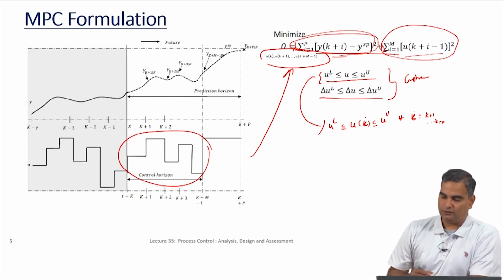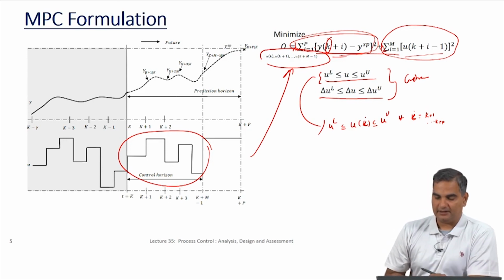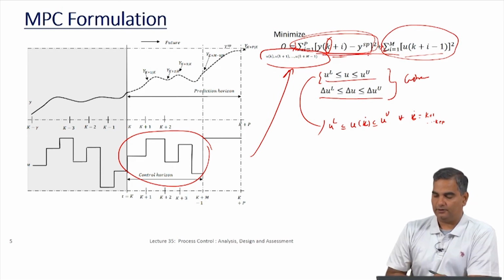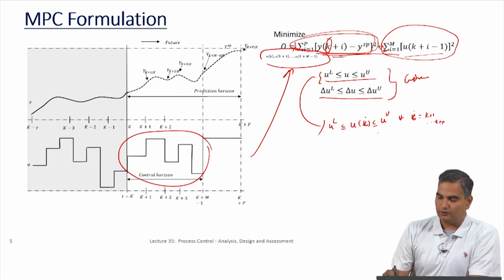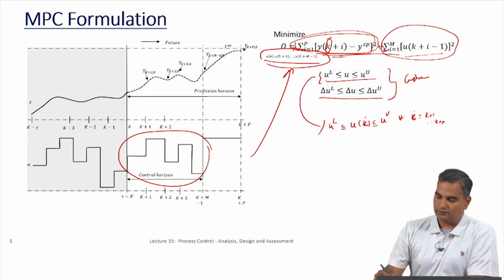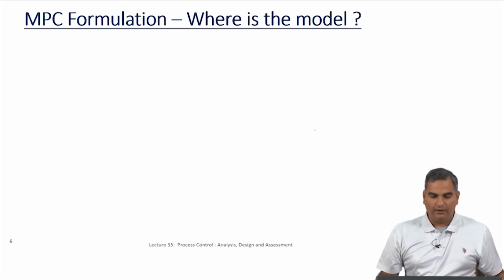Similarly, you can also expand this, and this k in this slide talks about the time instant at which we are sitting, and then this is all prediction into the future, and these are control moves into the future, uk plus 1, uk plus m minus 1 and so on. Sorry, this is going to be k to k plus m minus 1, because this is talking about the control move. So, this is how we combine this and put together the formulation for model predictive control.